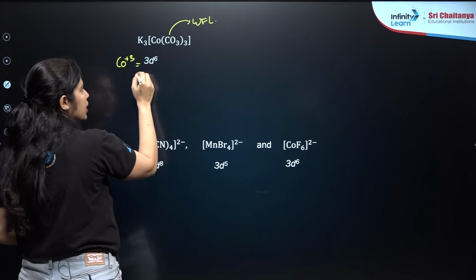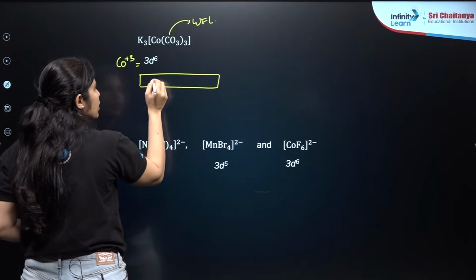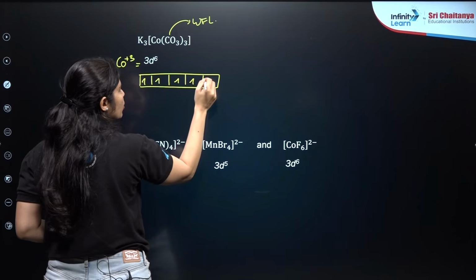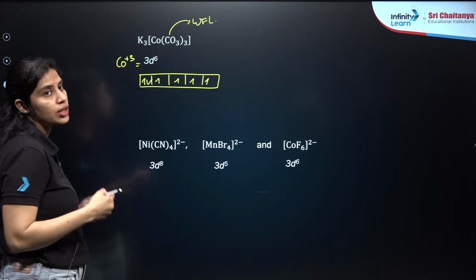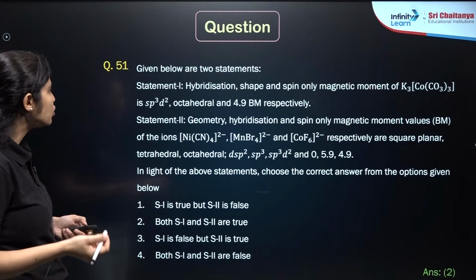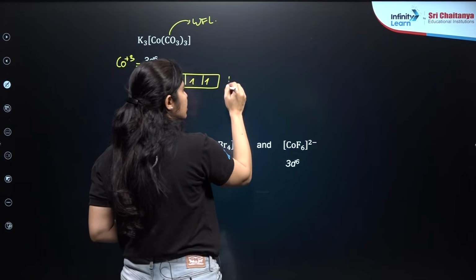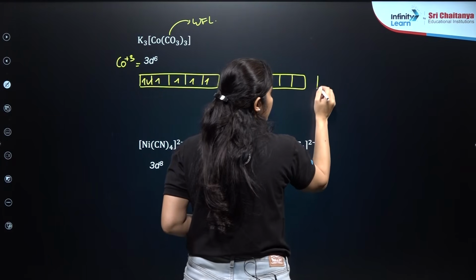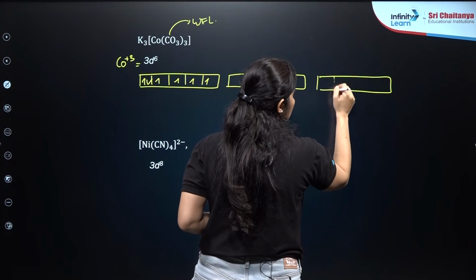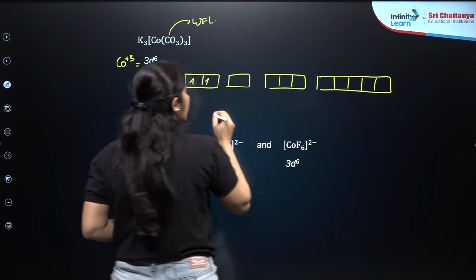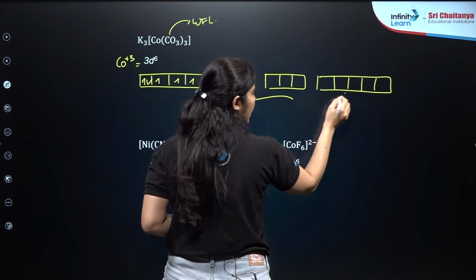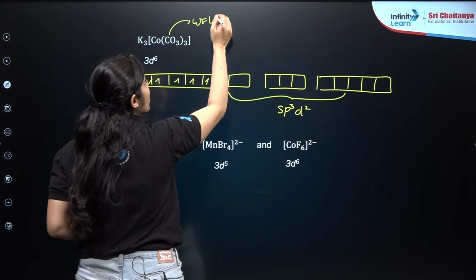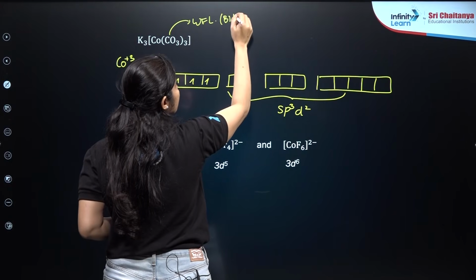So when we fill the electrons in the d orbital of cobalt, 1, 2, 3, 4, 5, 6, pairing is not really going to take place here. So the next orbitals that we will have to consider for bond formation are sp3 and d2, because we need 6, since it is a weak field bidentate ligand.